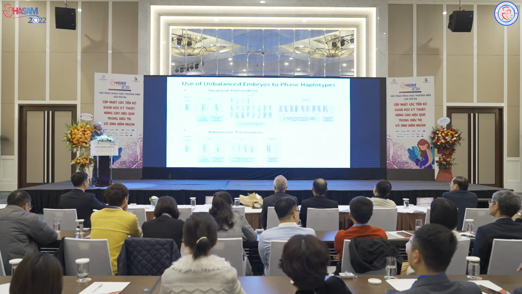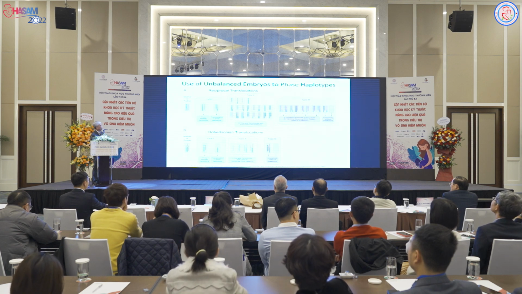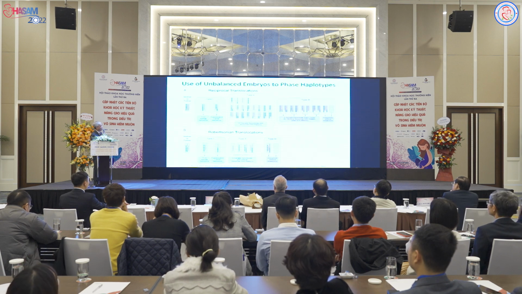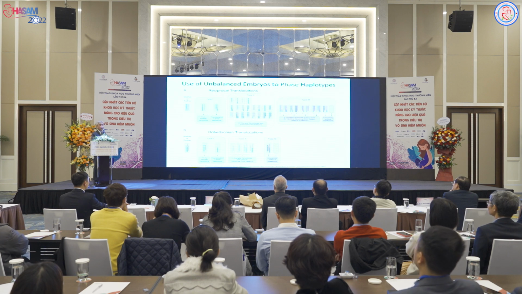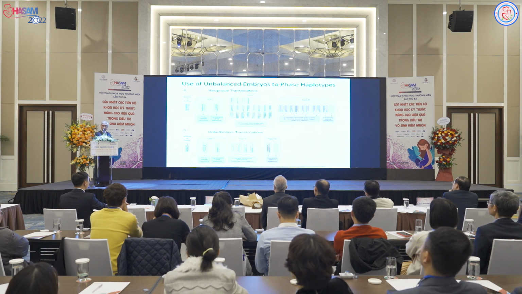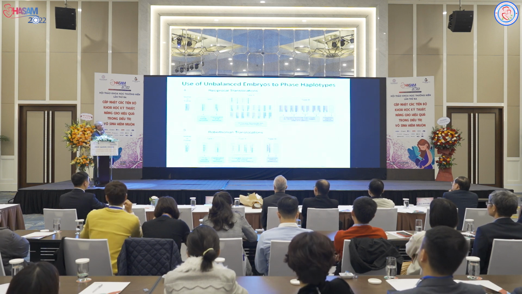And then there are two other types. These are all unbalanced. But they've identified that out of the unbalanced segregants, there are 20 that can be used to identify the haplotype that's linked to the translocated chromosomes. And then they've identified a type 3, which cannot be used.